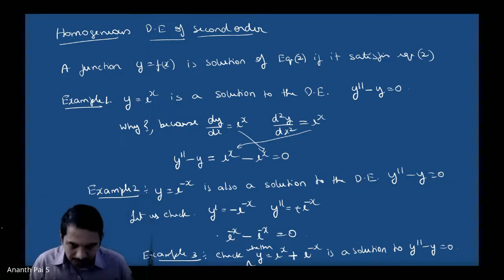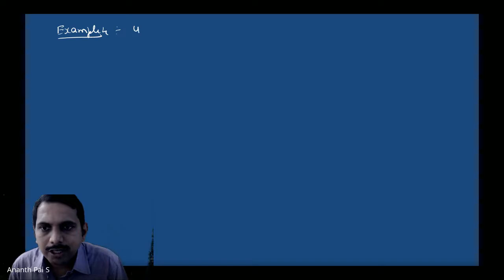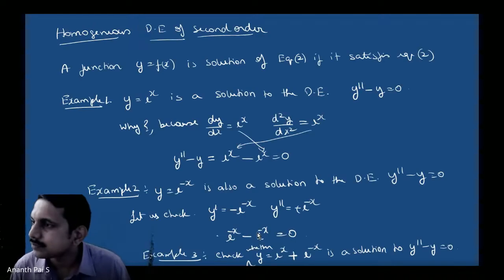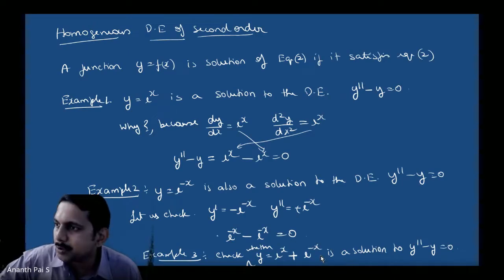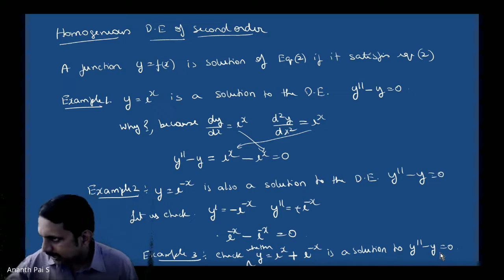Okay, next, example 4. Let us check whether y is equal to e power x plus e power minus x is a solution to y double dash minus y is equal to 0, and it is, you have checked it.